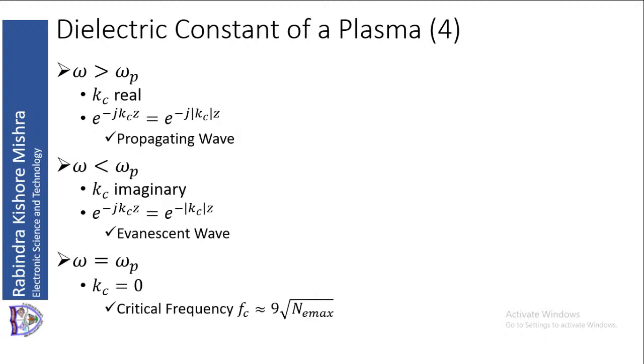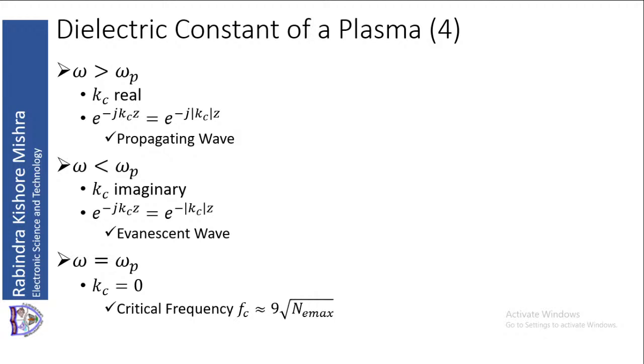Actually, if we put the value of epsilon 0, e and m, that will give us Fc is equal to root over of 81 Ne max. Now, root over of 81 is 9, therefore Fc will be approximately equal to 9 root over of Ne max. This is called the critical frequency.